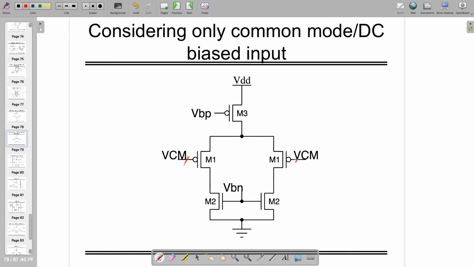Right now we are talking about the common mode input only, and the analysis which you are doing is DC analysis. Most of the time it's DC only, right? So it's DC analysis, as this is common mode, and make sure that your transistors are in saturation, or whatever mode of operation you want, accordingly you can design it. But we are designing for the saturation mode of operation.